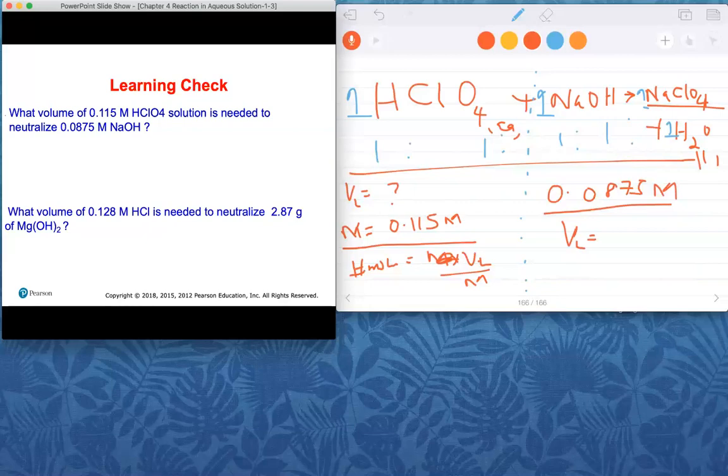Yes, there is something missing here. For those with the text, this problem is on page 158, number 4.81.